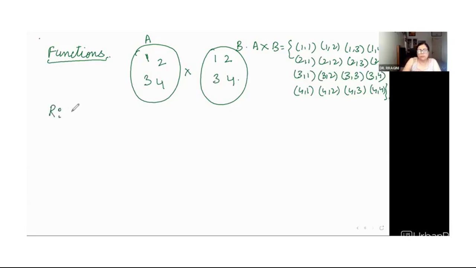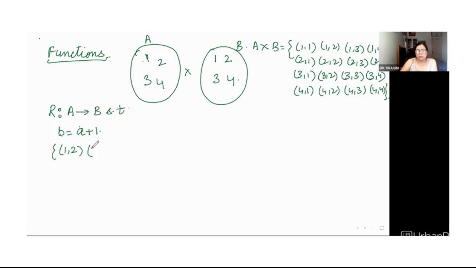R is a relation from A to B such that, if I take the second example, B is equal to A plus 1. Now, what are the ordered pairs that we can form here? If you take A as 1, the value of B comes out to be 1 plus 1, 2.